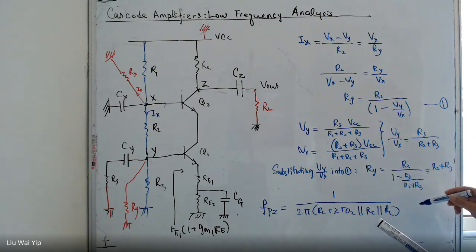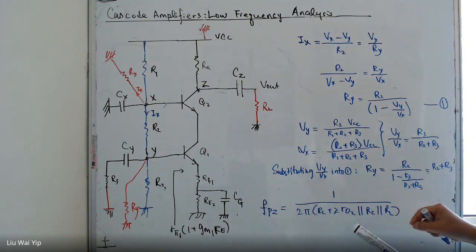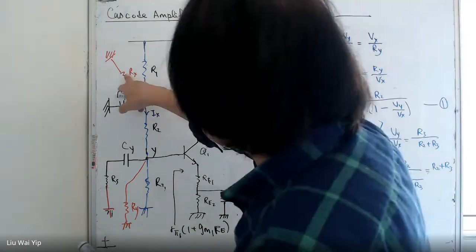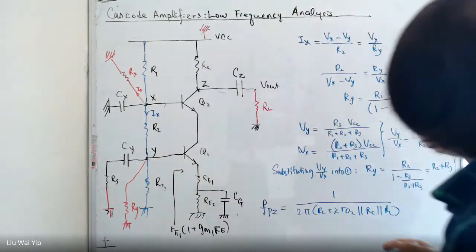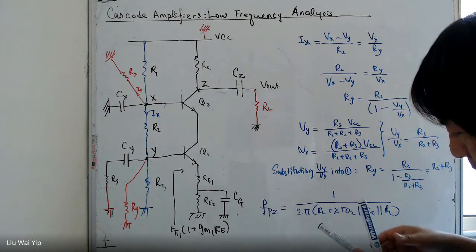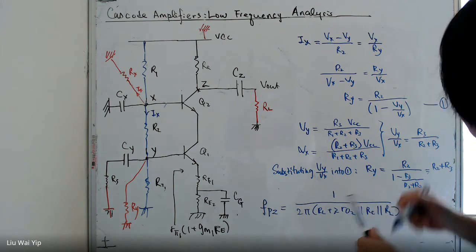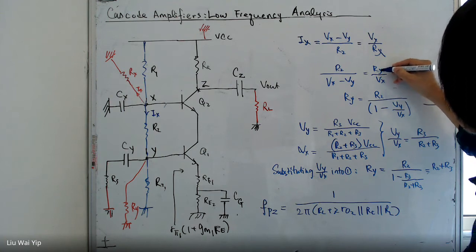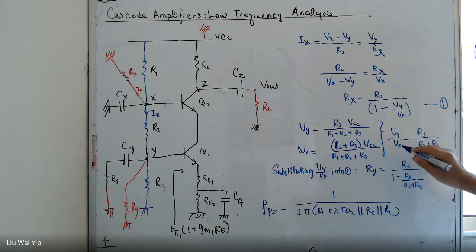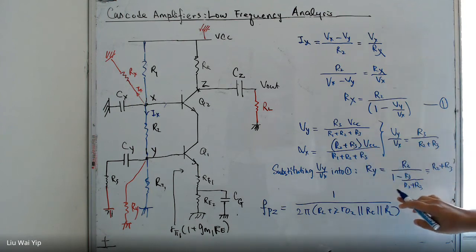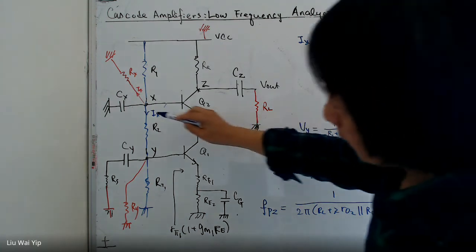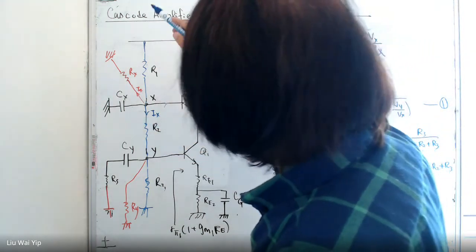So we write down the important conclusion. We are dealing with Rx, so we better write this down correctly. Rx is the sum of these two resistances.